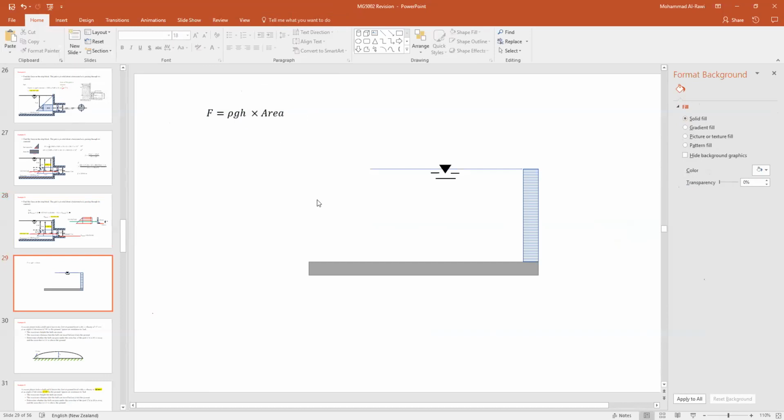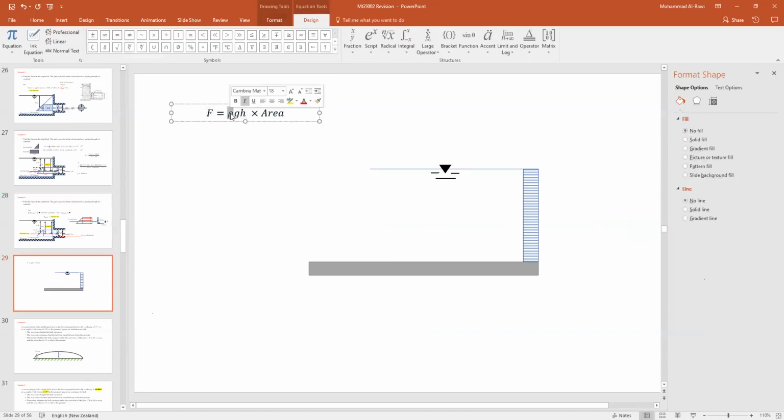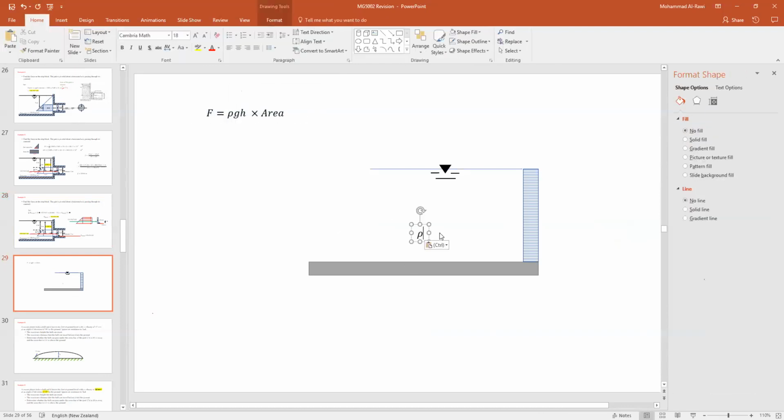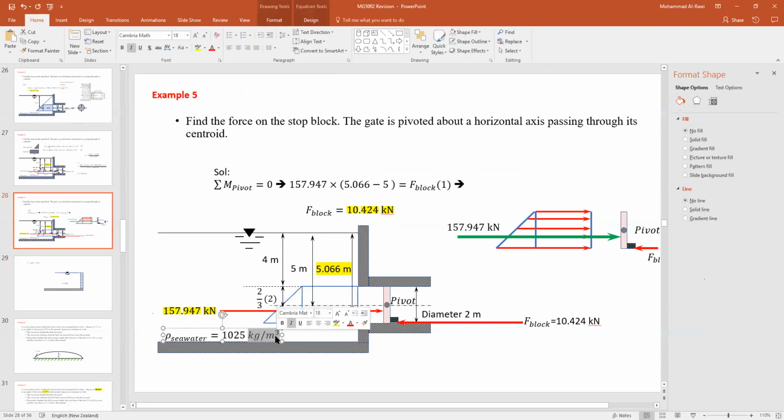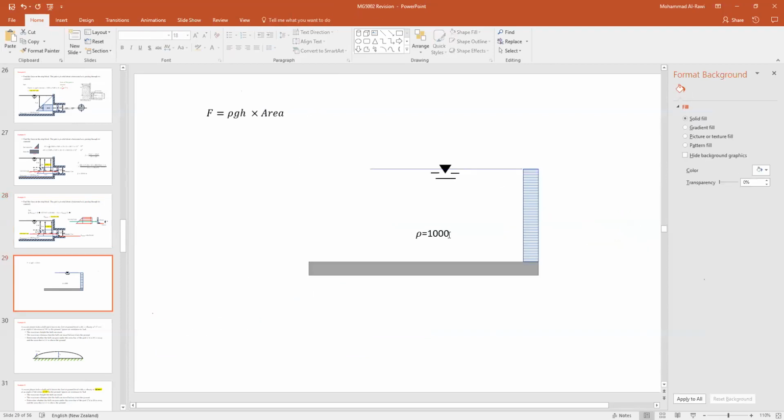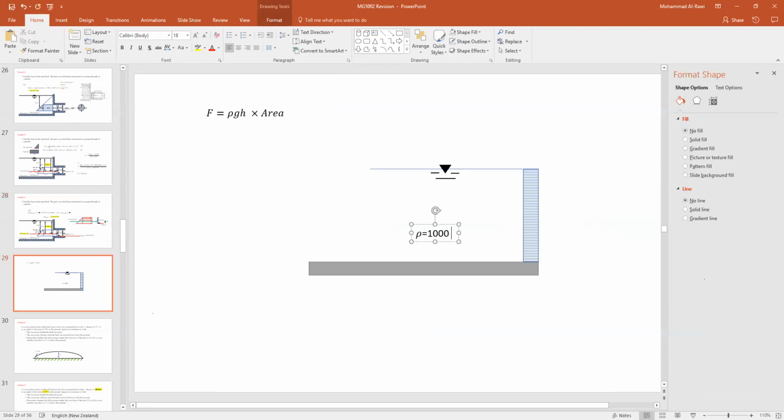So let's say the fluid is water, so we'll give more information here: rho equals 1000 kg per cubic meter. I'll get the units from the last example just to save time. So this is the fluid, and let's do different scenarios.